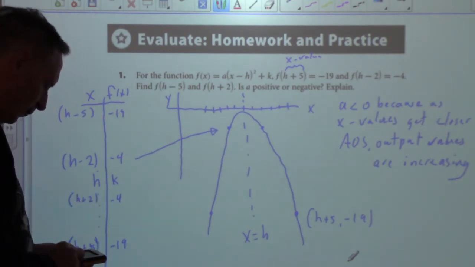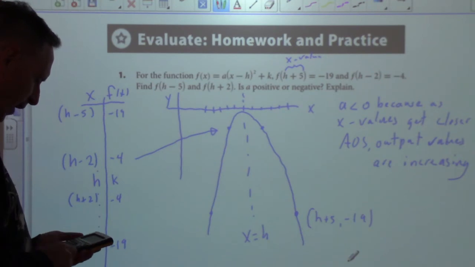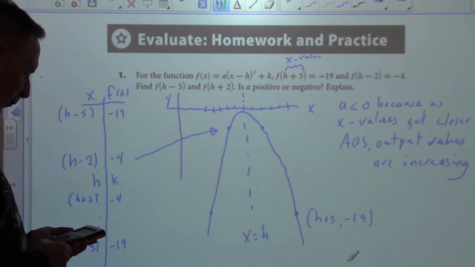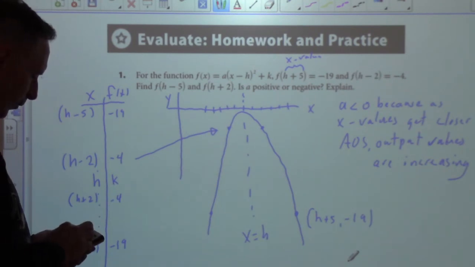And when you do that, we go to stat, calc, 5, enter. So here we get, let's see, it doesn't give me that in vertex form, so I still don't have the vertex. But I do have what A is.